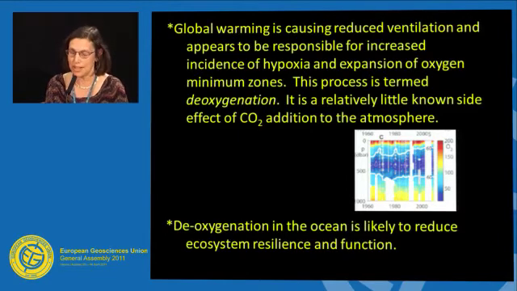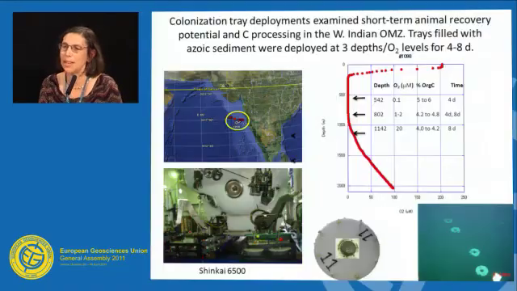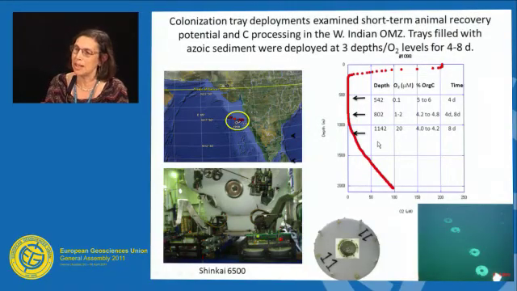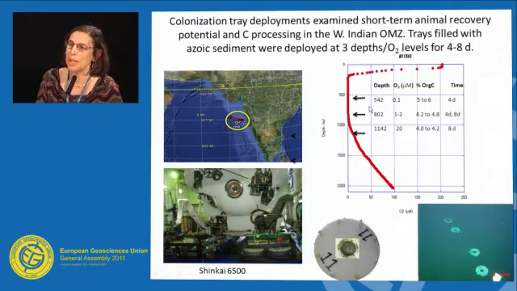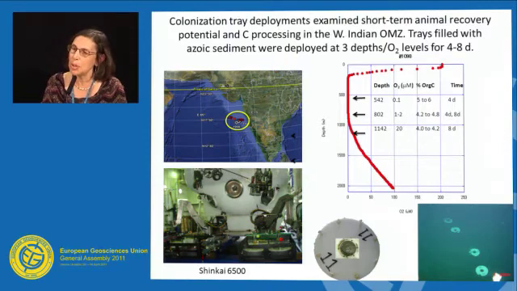to disturbance. So to try to understand this, we conducted a series of experiments, basically colonization experiments, in which we looked at the short-term recovery of animals on the Indian margin. And we did these experiments at 3 locations here. This is the oxygen profile across the Indian margin off Goa, on the western side of India.